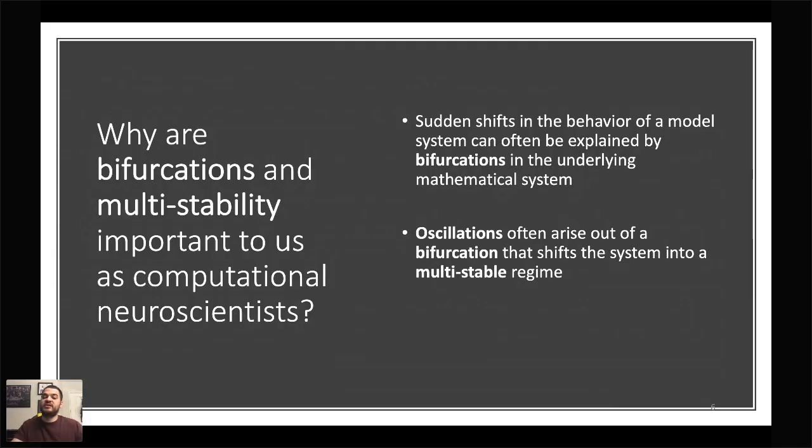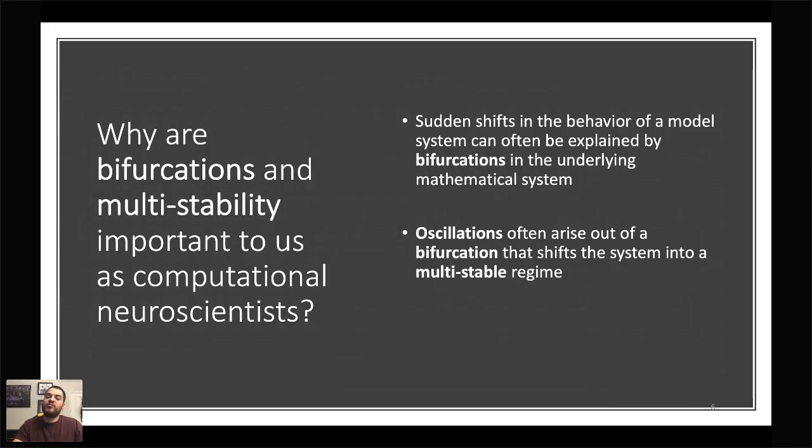When you go between a nice, stable, healthy brain rhythm and a super oscillatory, hypersynchronous, hyperactive seizure state. That's a sudden transition between two very, very different states that we will often call a bifurcation just by looking at it. And there's also a lot of research that shows that there actually are bifurcations underlying that mathematically.